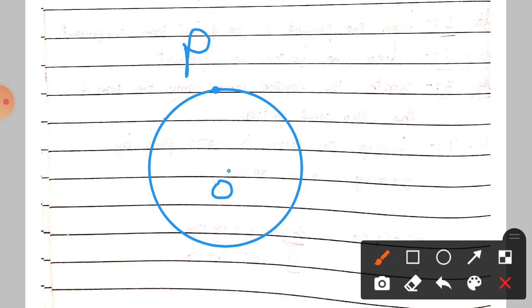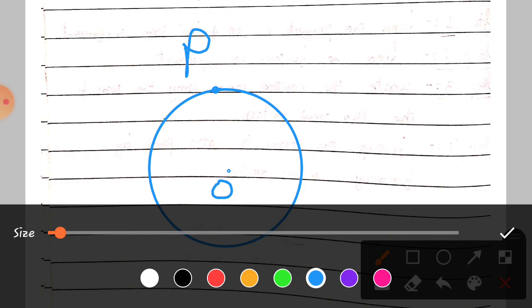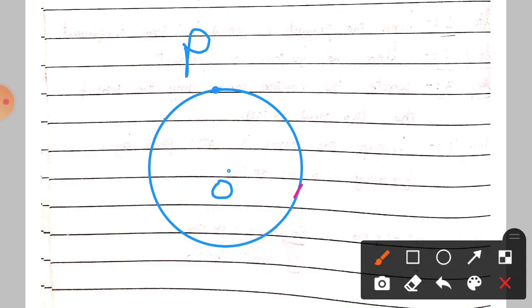Now let's make an angle. So how can we make the angle? The theorem says that the angle subtended by an arc. So suppose taking an arc like this, called AB. Make an angle like this.